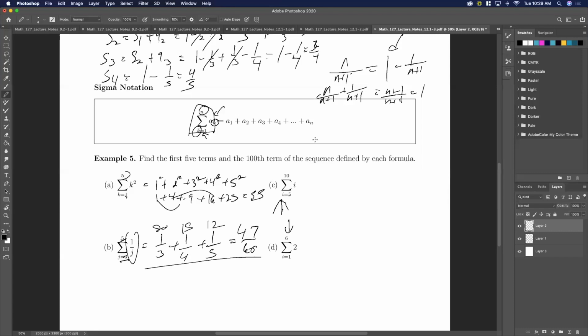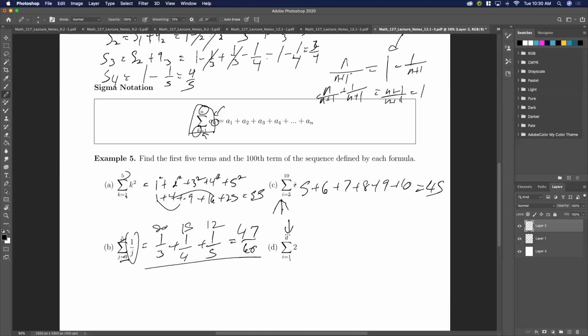So let's go through it. Now we've got at least some people giving answers. Here we're going to just start at 5. So i is 5, so it would be 5, 6, 7, plus 8, plus 9, plus 10. Add this up, we'll get 45.